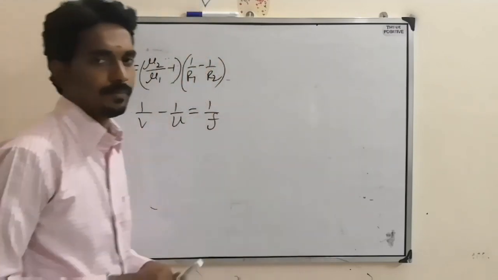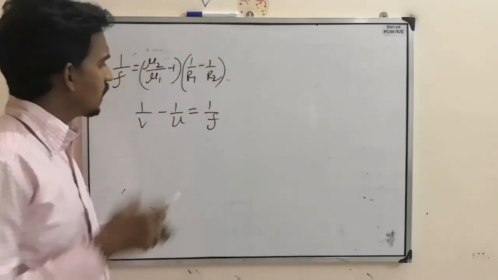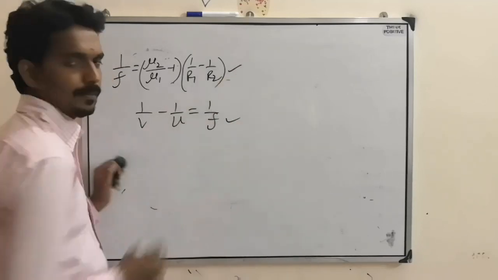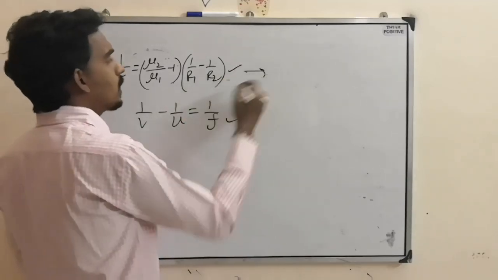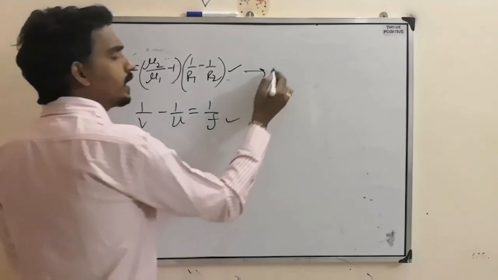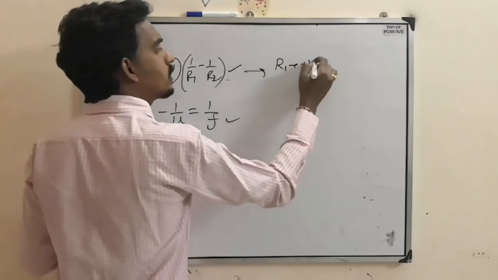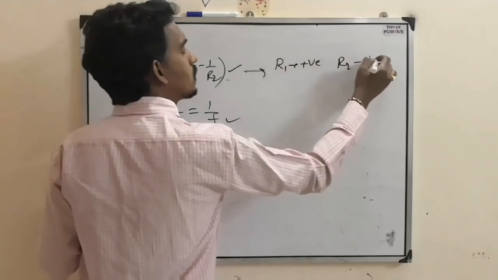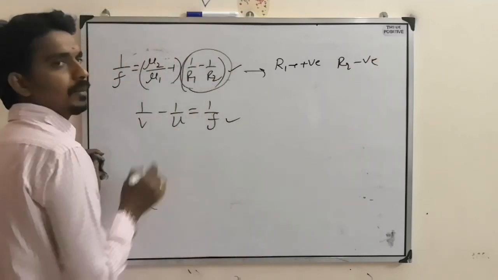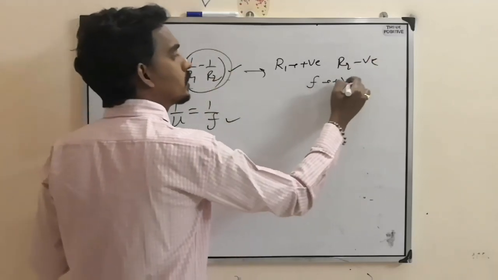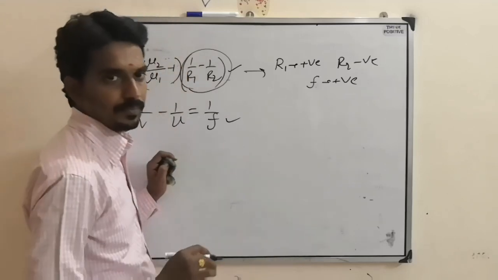So the nature is also the same. These are the two main formulas. This is the formula for focal length of a lens. In case of convex lens, R1 is plus and R2 is minus, so this term will become plus. So the focal length is always positive in air medium.